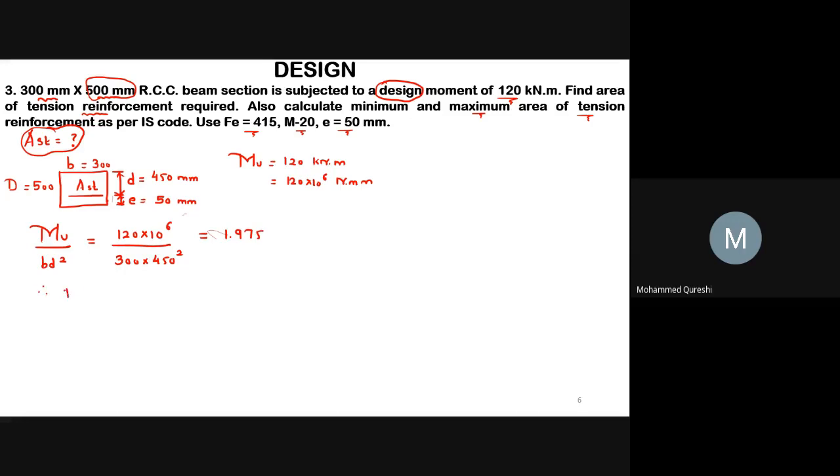So for Fe 415, using SP16 page 48 table number 2, or SP16 page 10 table E, or by using the equation Pt equals 50 Fck by Fy bracket 1 minus under root of 1 minus 4.6 Mu upon Fck bd square.